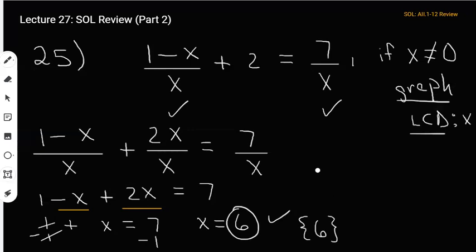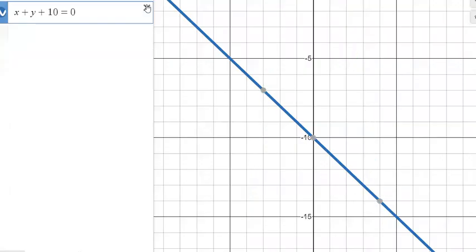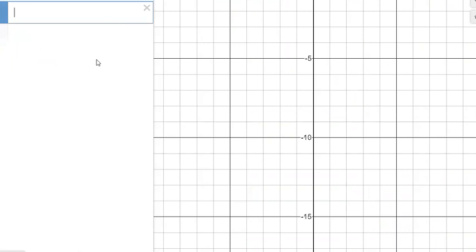The next way that I can do it is by graphing. And what I'm going to do is I'm going to graph the left side of the equation and then the right side of the equation. So let's see what happens when we do that. I'm going to go to Desmos and I'm going to graph the left side. 1 minus x over x.